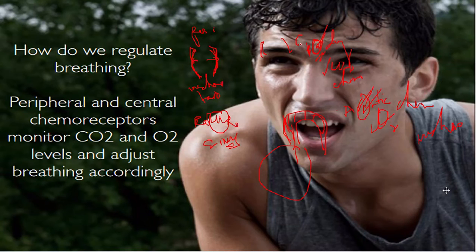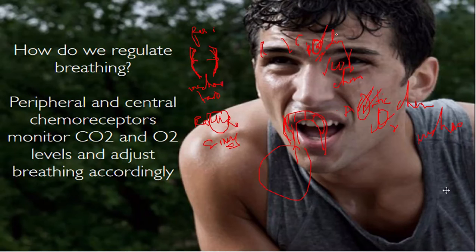Peripheral chemoreceptors and peripheral mechanoreceptors. We also have the equivalent central chemoreceptors, receptive to oxygen and carbon dioxide. When we say central, they're at the medulla oblongata.